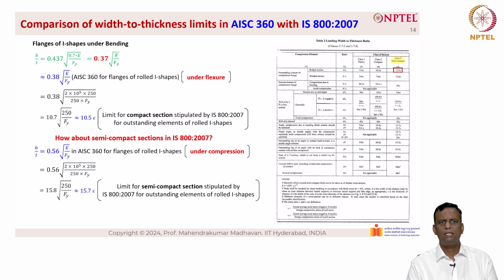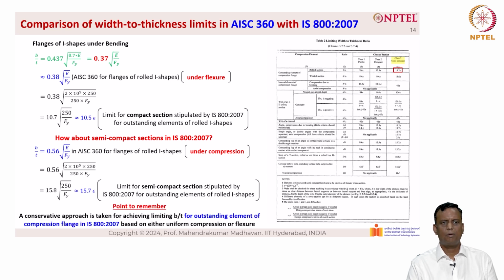So, you can see that the limiting value is 15.7 for class 3 semi-compact for outstanding elements of rolled I shapes. So, the point to remember here is that a conservative approach is taken for achieving limiting b/t for outstanding element of compression flange in IS 800 based on either uniform compression or flexure.